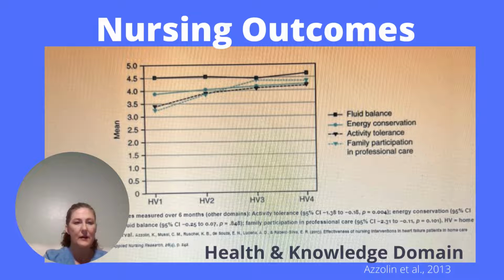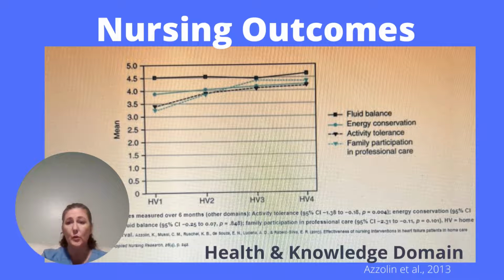And then we have family health, which is the family participation and professional care. Now, there was a significant increase in the scores obtained for the activity, tolerance, and energy conservation when compared to the scores from the first to the 4th visits.